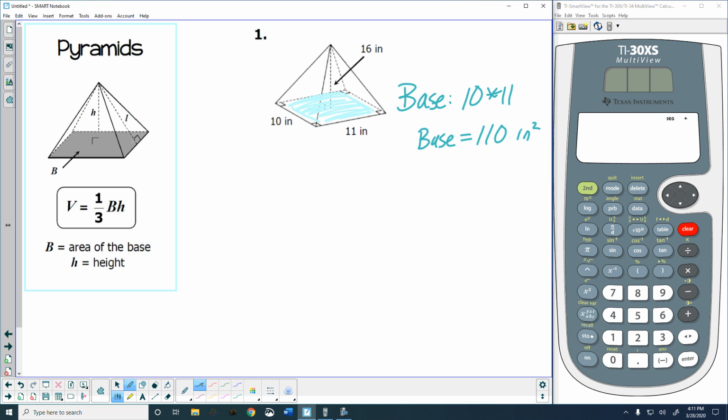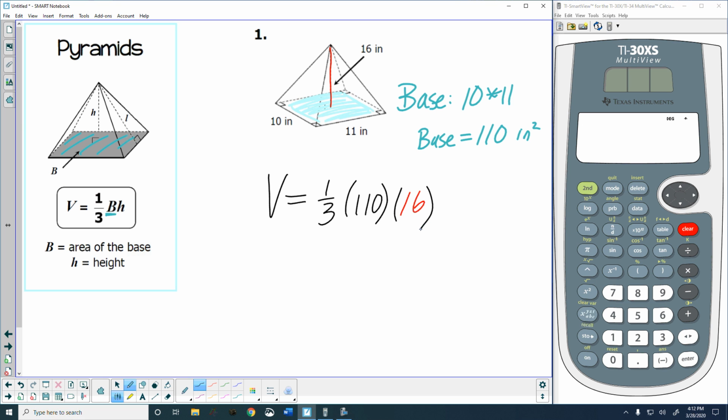Now that we know the size of our base, we can find the volume of our pyramid. The volume is just 1/3 of whatever that base is multiplied by its height. So our volume is 1/3 of our base, 110 square inches, multiplied by the height of the pyramid, which was given to us as 16.